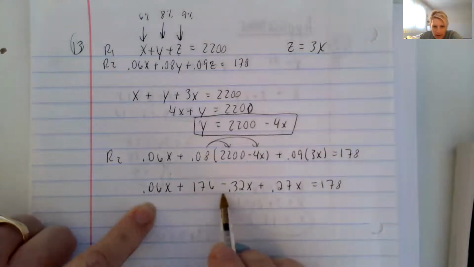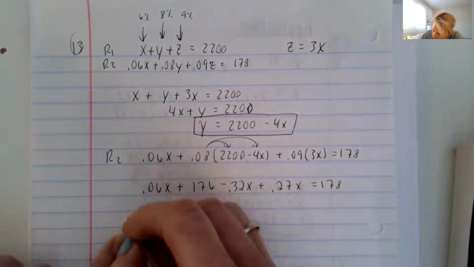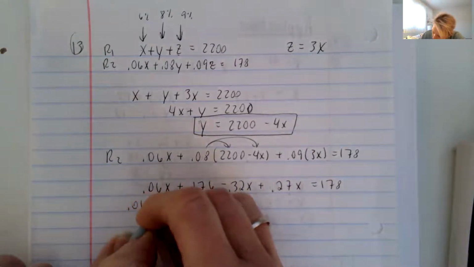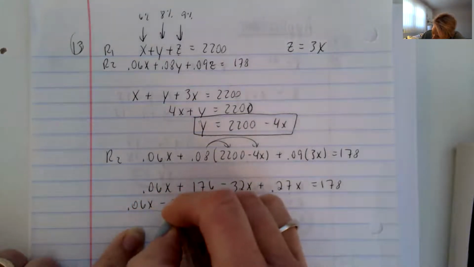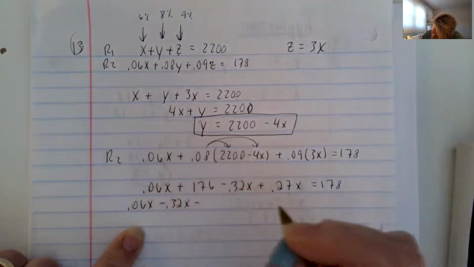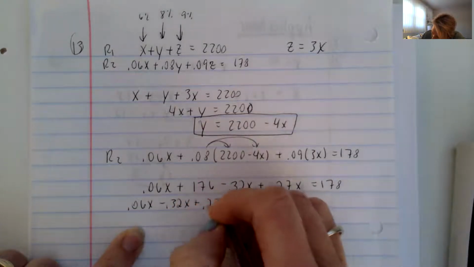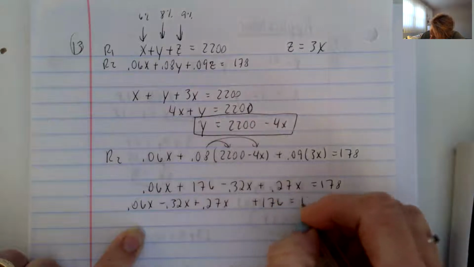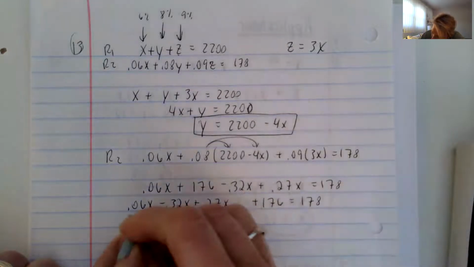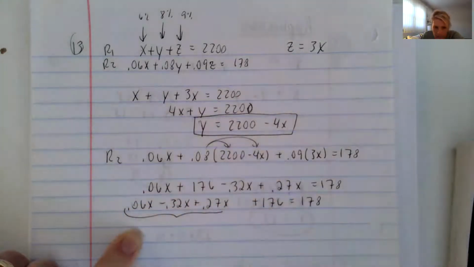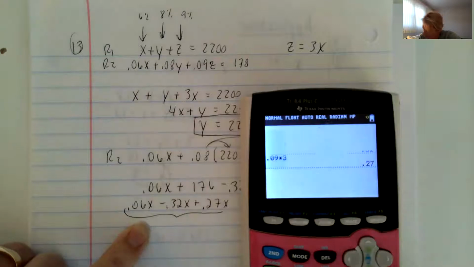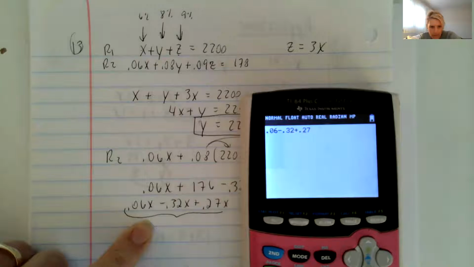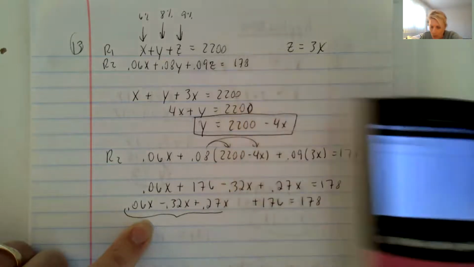So I'm going to combine all my x terms. So we have 0.06x minus 0.32x plus 0.27x, and then plus 176 equals 178. So let's combine these. We have 0.06 minus 0.32 plus 0.27. We get 0.01.